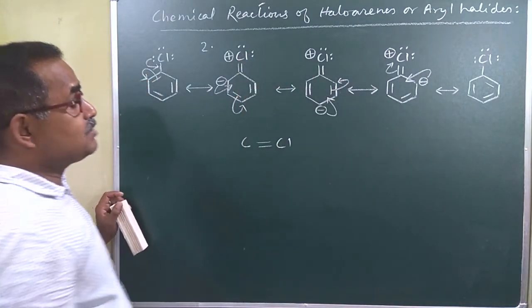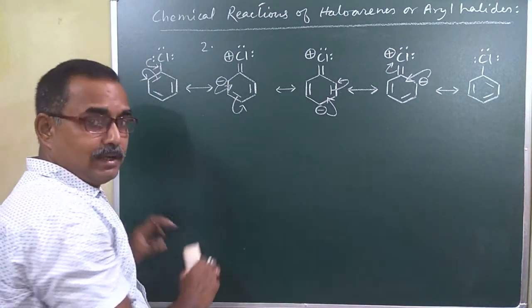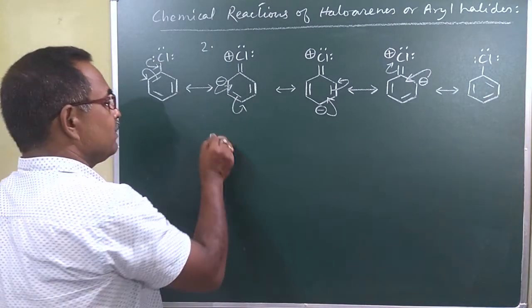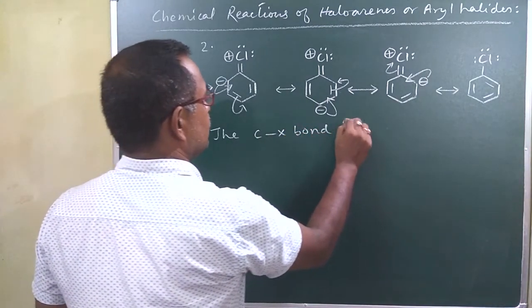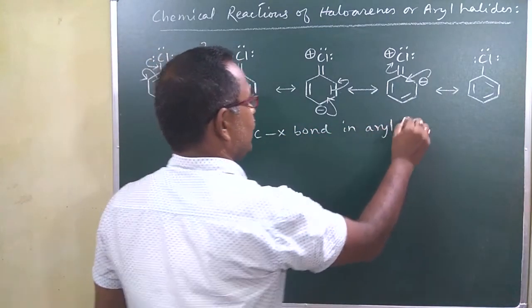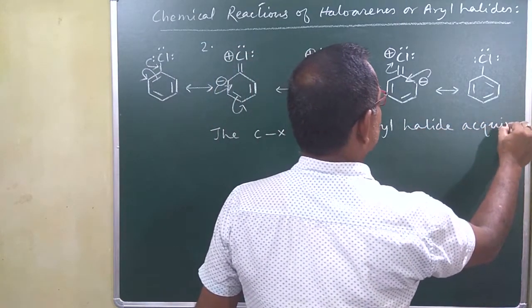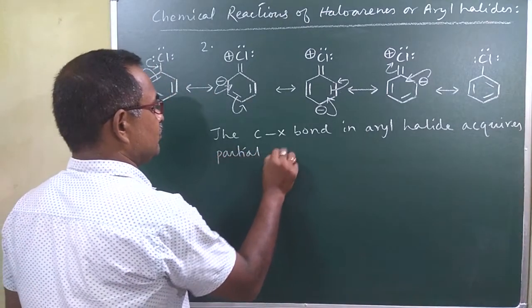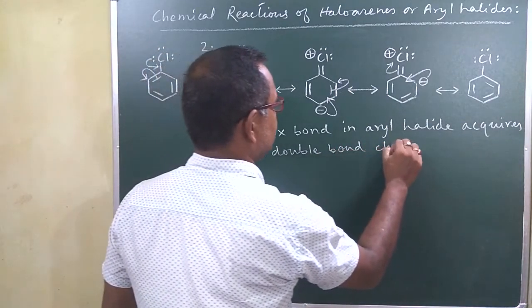As a result of this, we can say that the carbon halogen bond in aryl halide acquires partial double bond character. The C-X bond in aryl halide acquires partial double bond character.